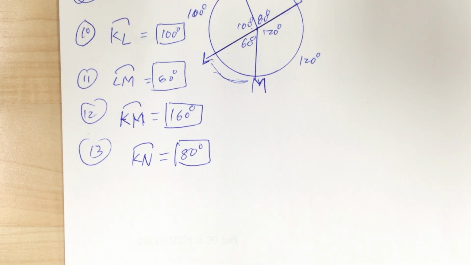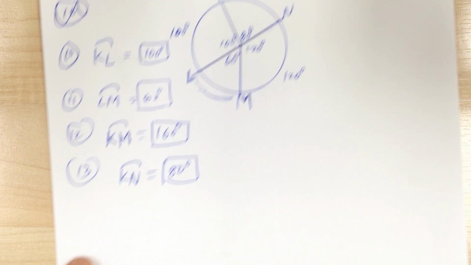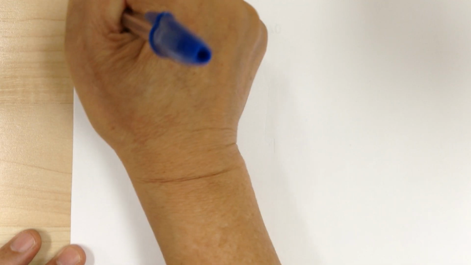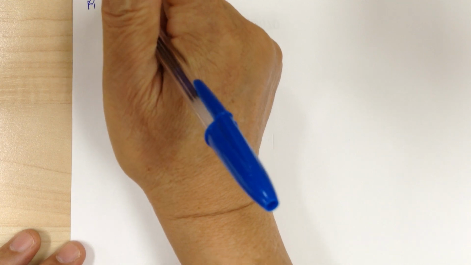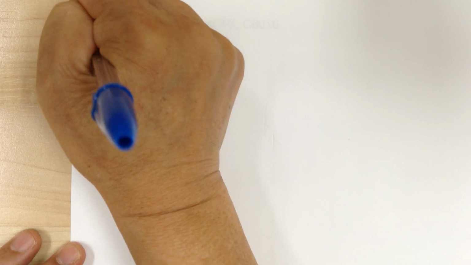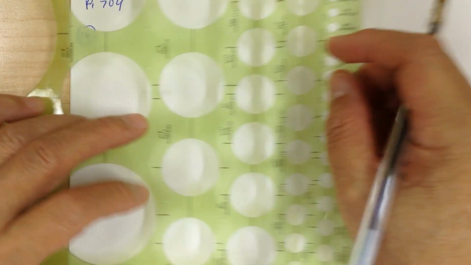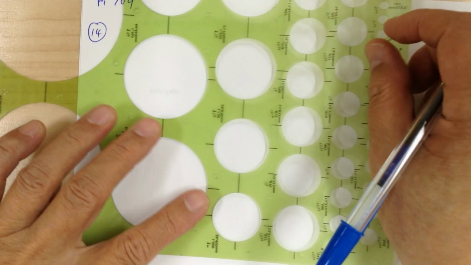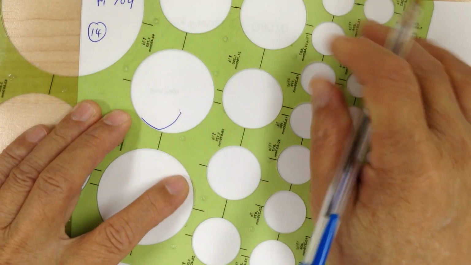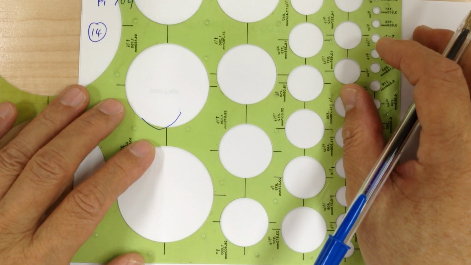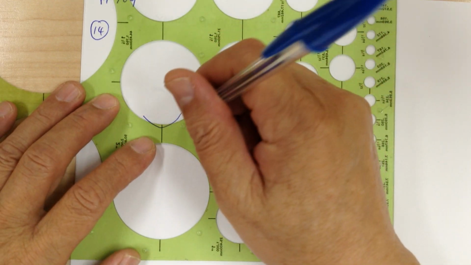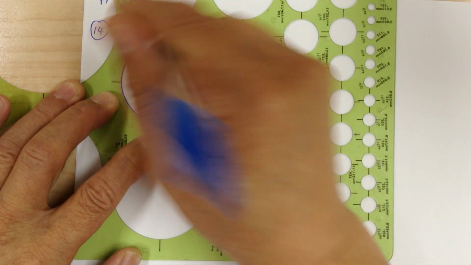Okay, let's go to the next one. Okay, for the measure. Okay, so let's see. So you have to hold the circle really good so it doesn't move. There you go.